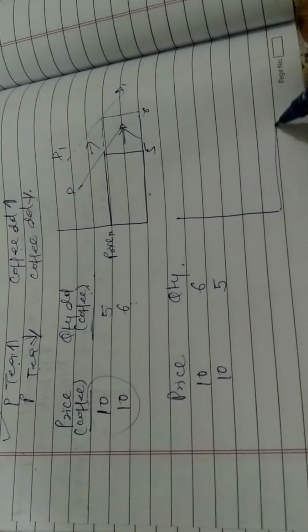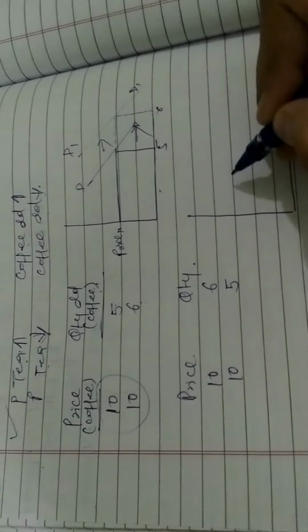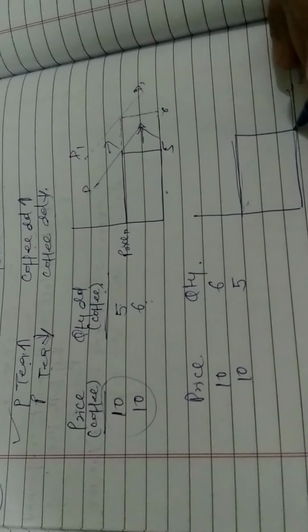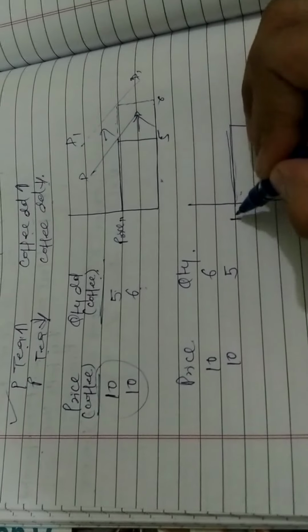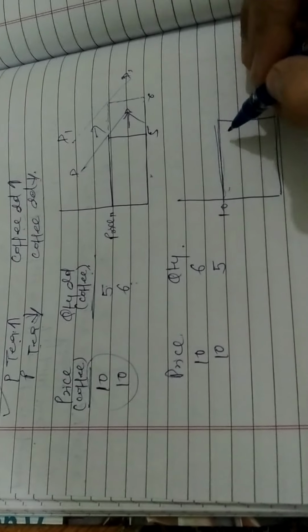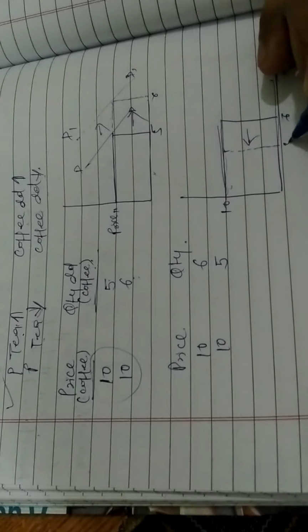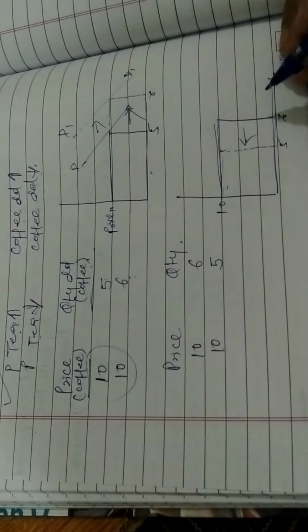So here when the price is rupees 10, its quantity demanded is 6 units, and at the same price demand falls from 6 to 5 units.